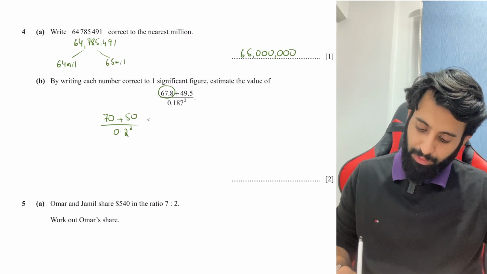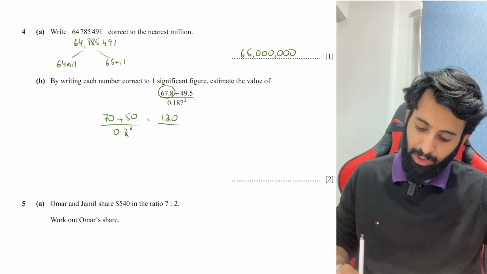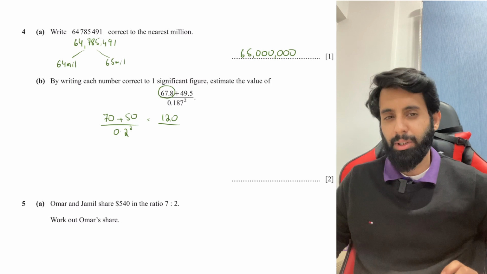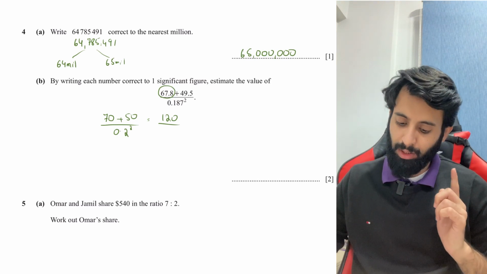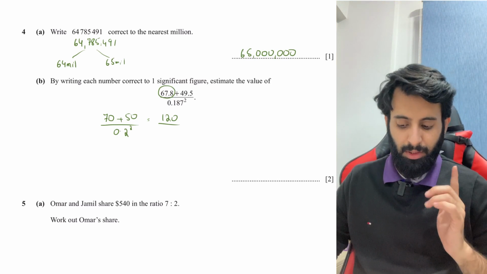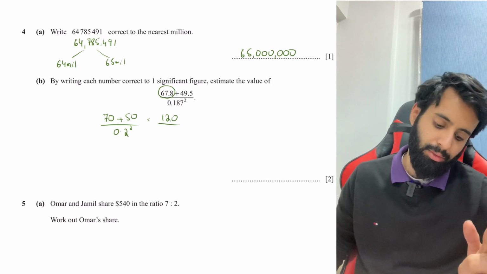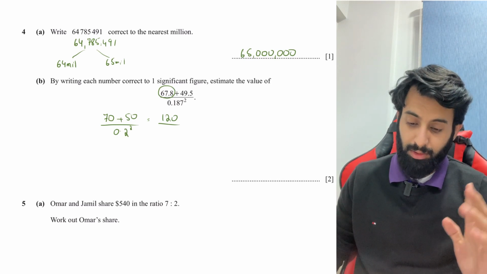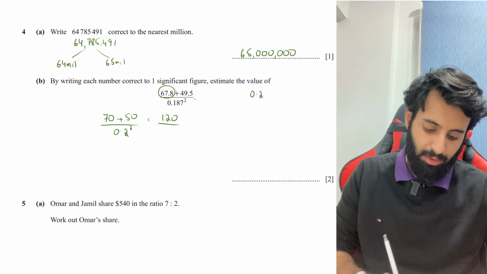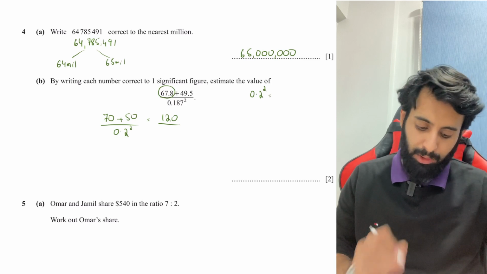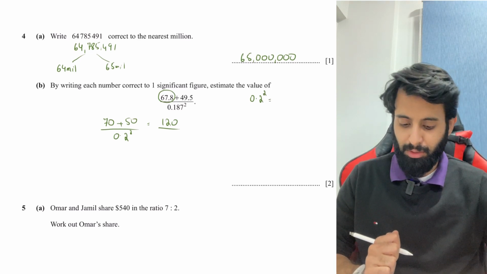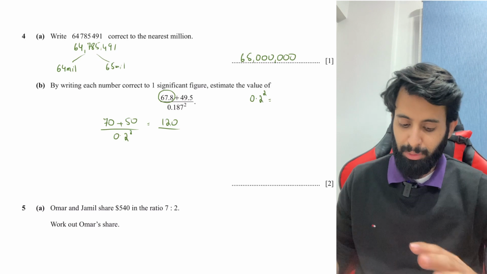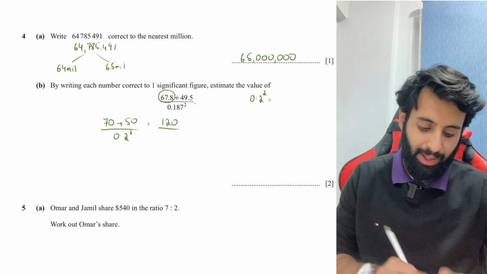So 70 plus 50 is 120. 0.2 squared, okay, 0.2 squared, I'd bet, not all of you, but some of you thought that 0.2 squared is 0.4. Okay? But it's not. 0.2 squared is not 0.4. In fact, I posted this on my Instagram a couple of months ago, and I was surprised to see how many people answered that 0.2 squared is 0.4. It is not. Why?